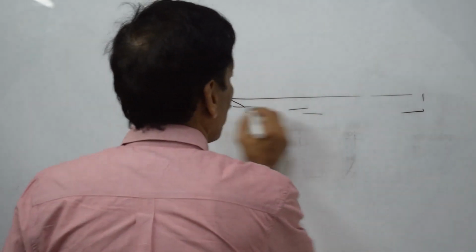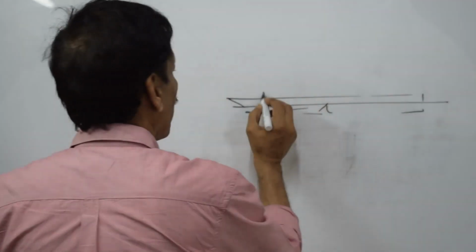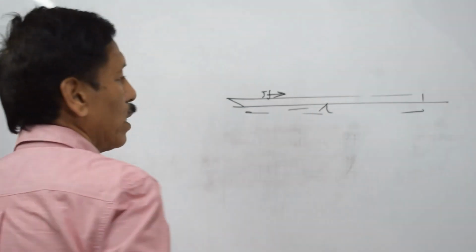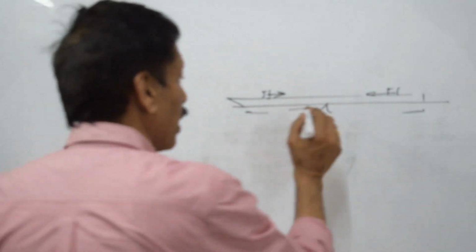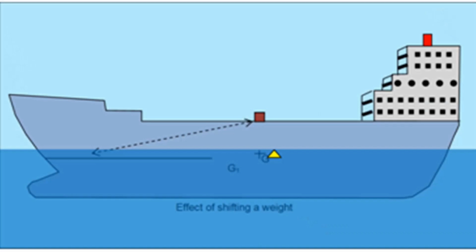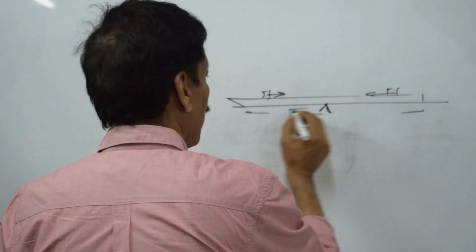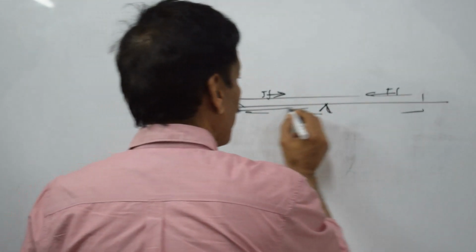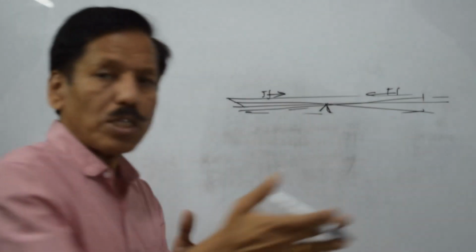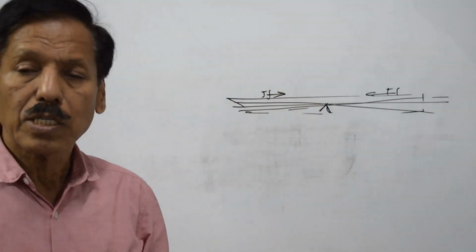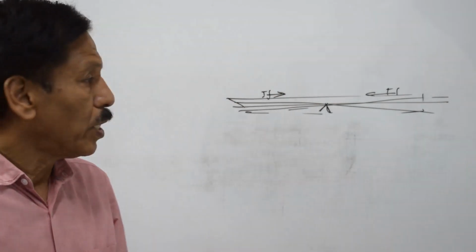Suppose this is the center of flotation and we shift a weight in fore and aft direction. This would cause the change of trim, and the basic hydrostatic draft, which is measured at the pivot point, will not change. You will find that the ship is pivoting about this point, changing trim about this point, but the hydrostatic draft, that is the draft at center of flotation, is not changing.